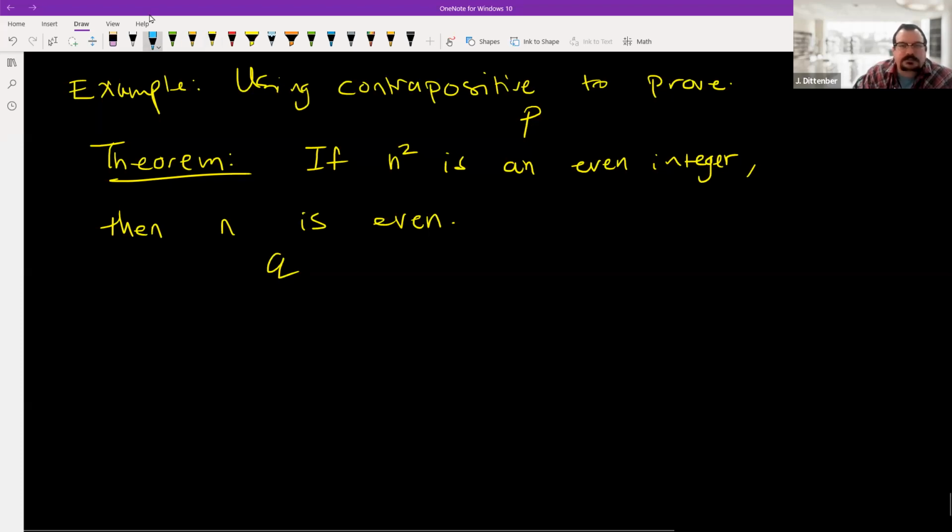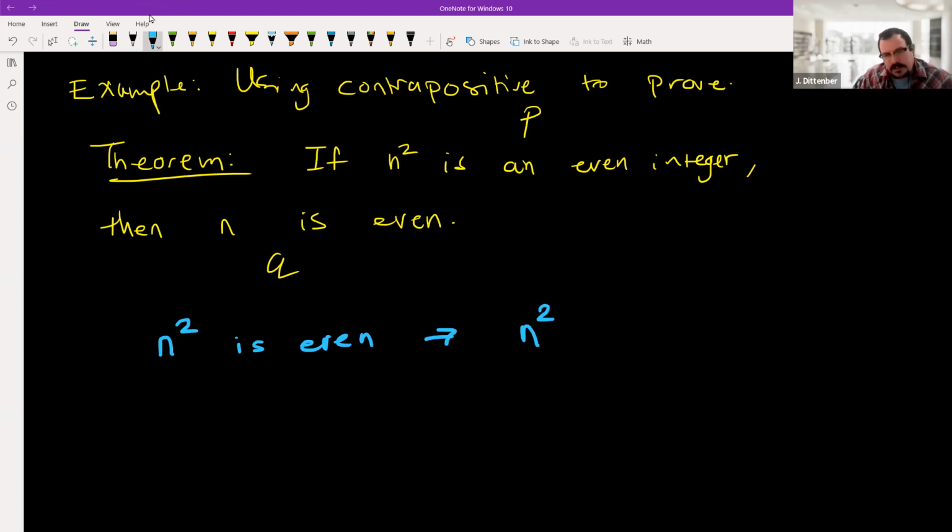So first of all, it says that n squared is even. Before I start to prove it, let me just write down a few things. And what does that mean? Well, remember that any even number can be divided by 2, and it's an integer. One of the key properties about integers is that they are closed under addition and closed under multiplication, meaning that if I add 2 integers together, I will always get an integer.